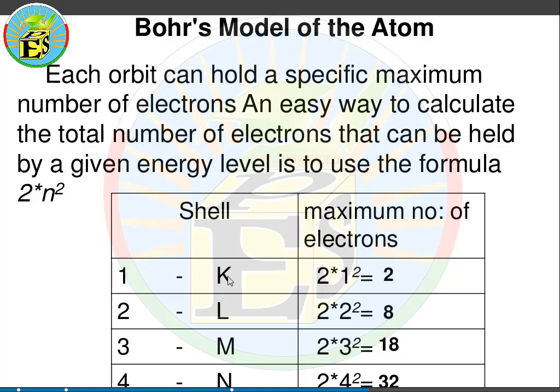If K is number 1, substituting in this formula, 2 multiplied by 1 squared is equal to 2, and for L, 2 multiplied by 2 squared equals 8, and 2 multiplied by 3 squared equals 18. This is the formula we can use to calculate the number of electrons in each shell or energy level.